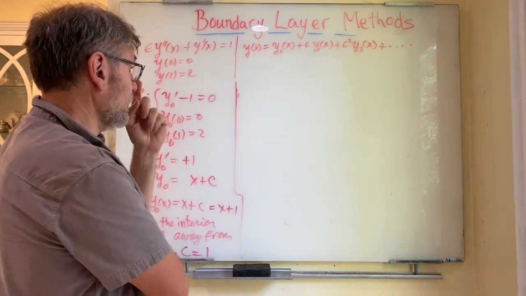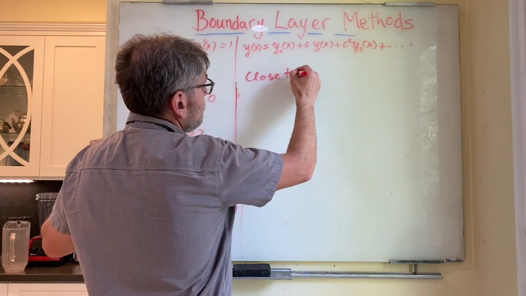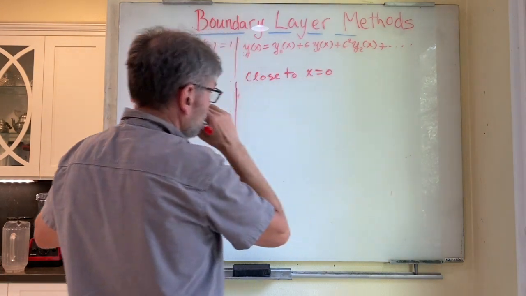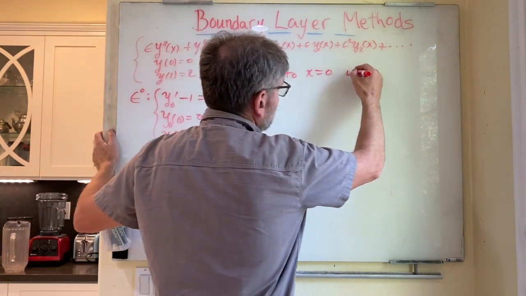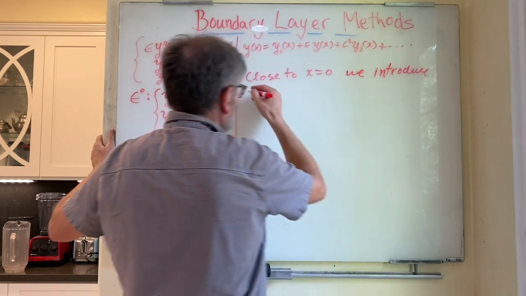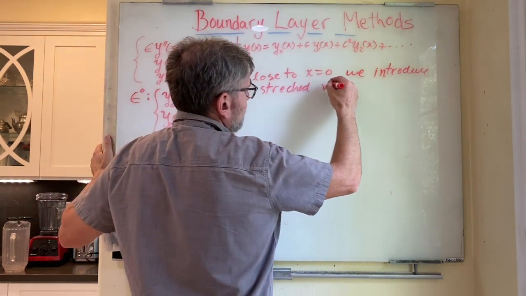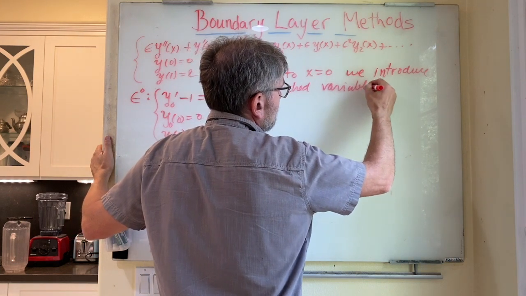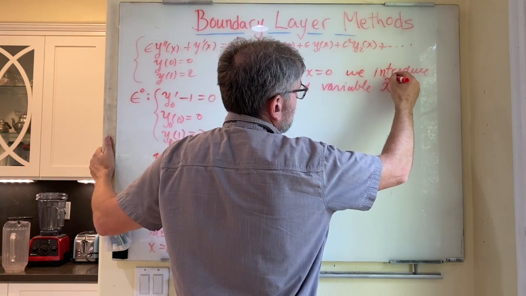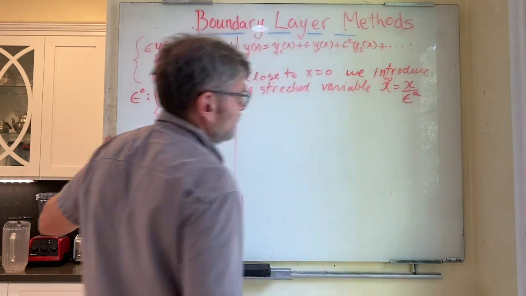And so what we will try to do, close to x equals 0, is come up with a new rescaled variable. We introduce a stretched variable. It will be x tilde equal to the old x divided by epsilon to the power a.